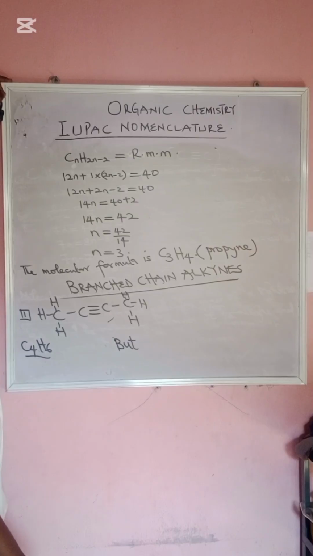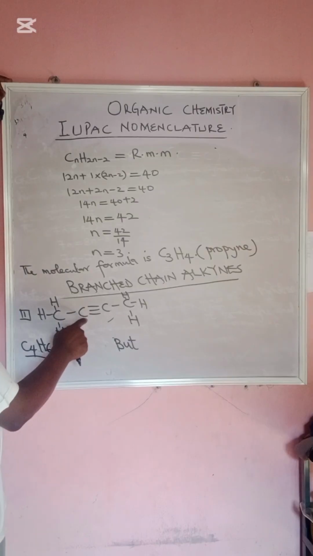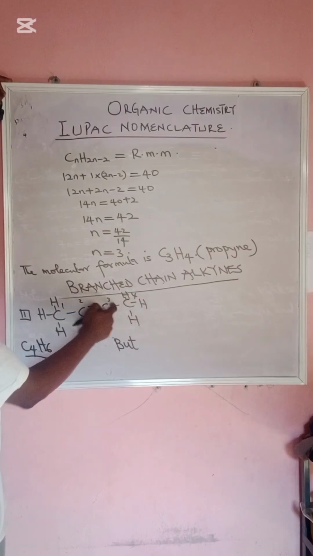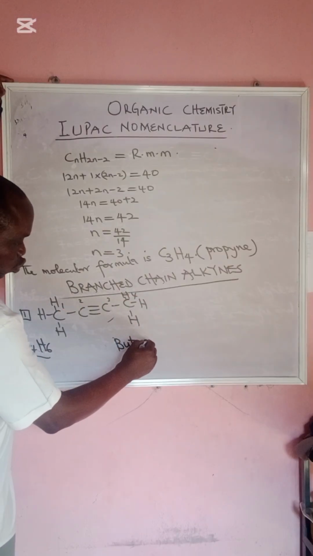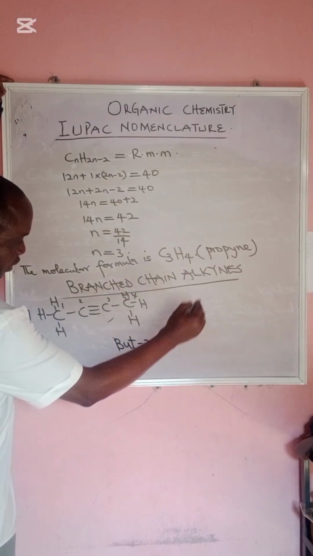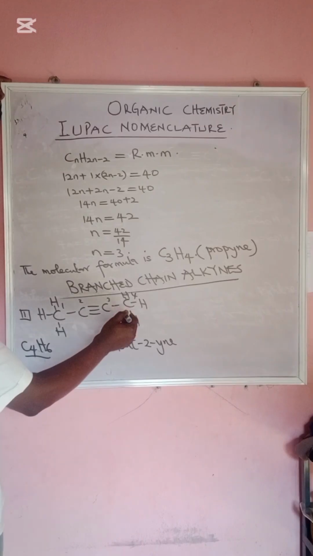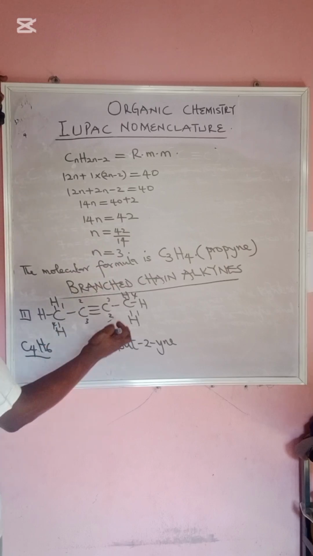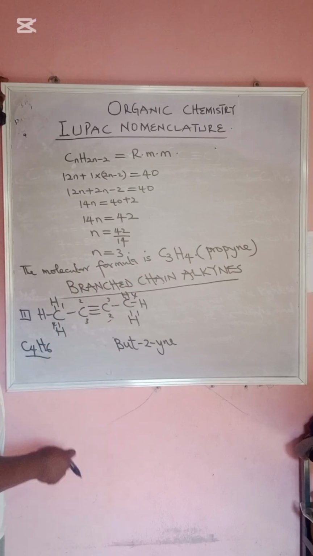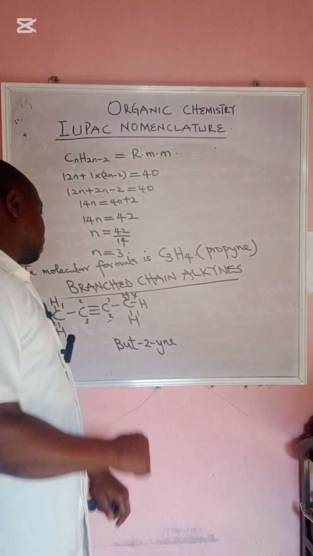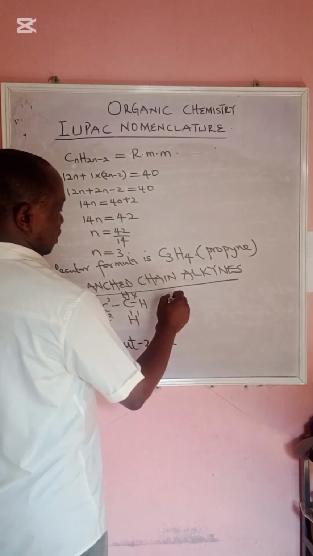Let's see the yne: 1, 2, 3, 4, between 2 and 3, so you take 2. So but-2-yne. If you are counting from right to left, 1, 2, 3, 4, you can see it's between 2 and 3, so you take 2. So you still get but-2-yne, either from left to right or right to left. Take note of that.